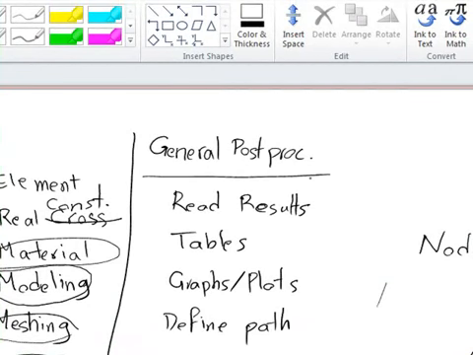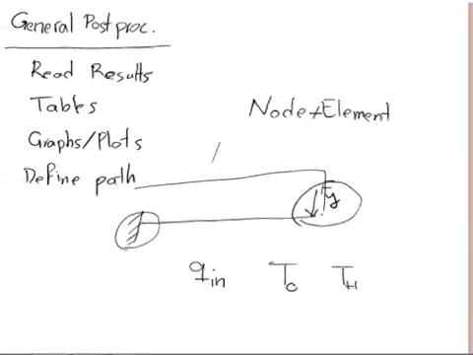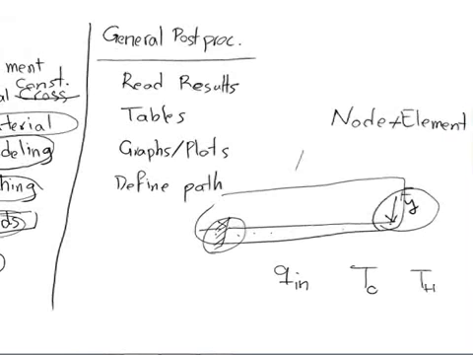If you're doing a static analysis, let's say a very simple one like this example that I drew here, and your load is just a constant load which is not changing by time, when you want to read the results, you're basically looking for the displacement at any point of this beam, the reaction forces here, which are going to be in terms of F in X, F in Y, and moments in the fixed end, and probably stresses distributed along the length of the beam.